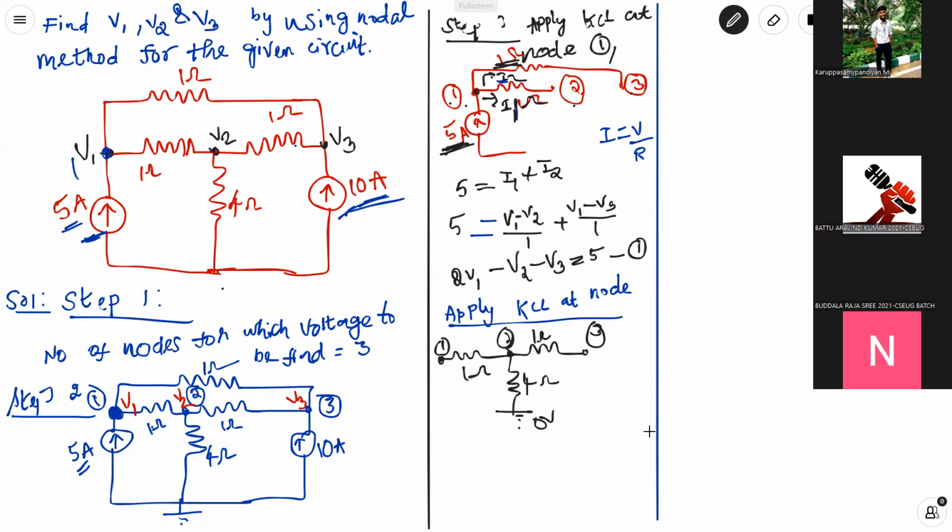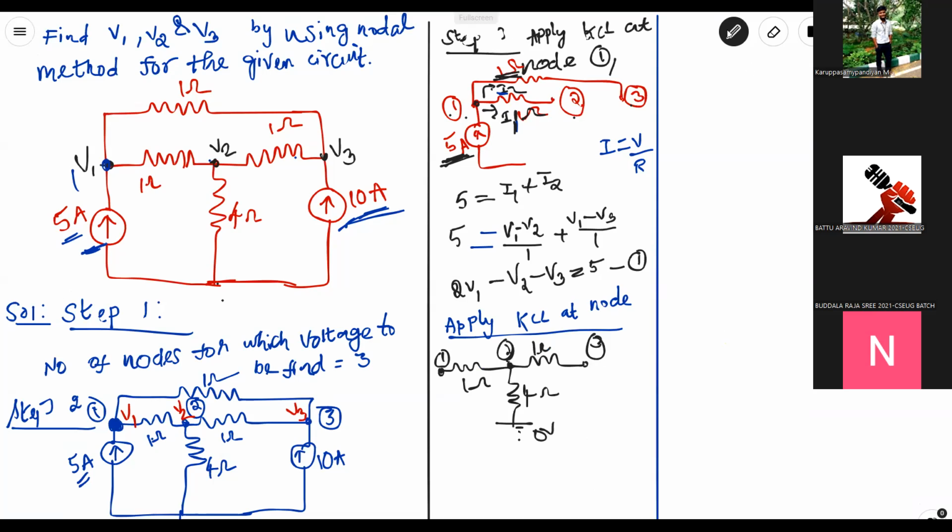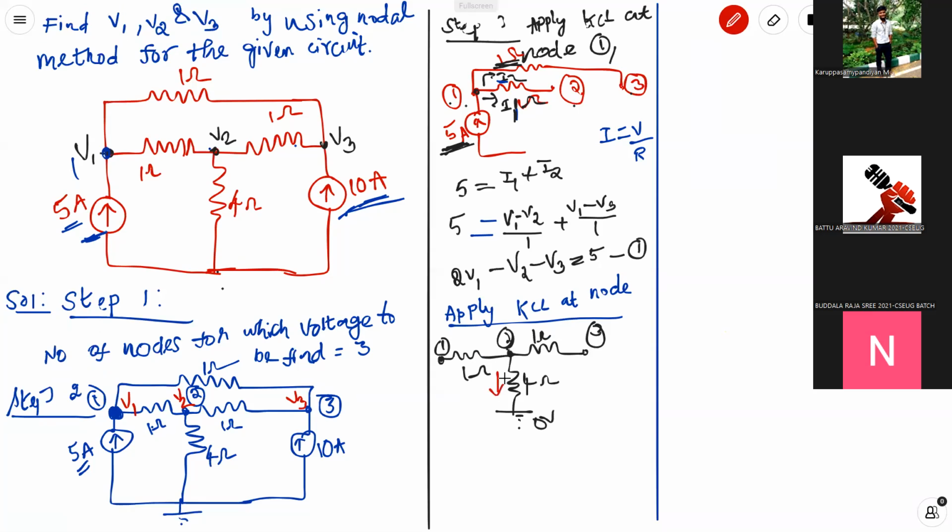This is 4 ohm, this is 1 ohm, and this is 1. Now you assume there are 3 elements, so all must obviously have different currents. Let us take the current through the 4 ohm as I3, this current as I4, and I'm assuming all the currents are outgoing currents, and this current is I5. Okay, I3, I4, I5.